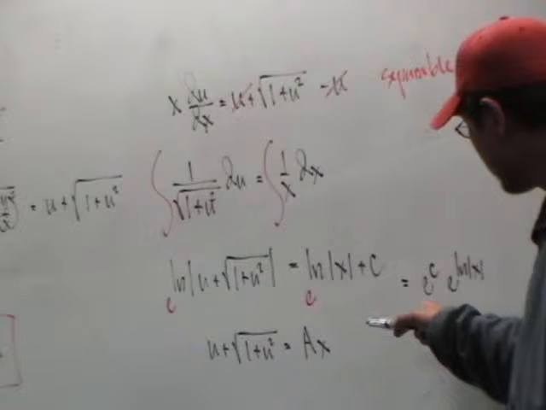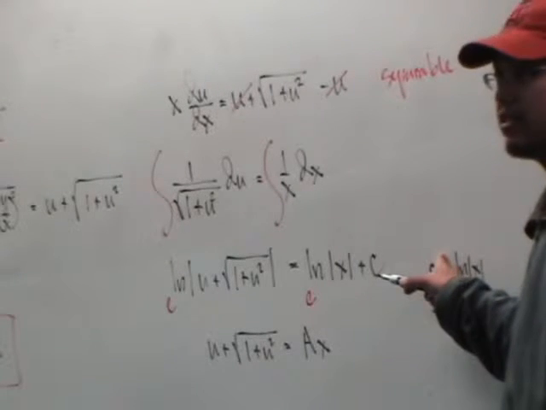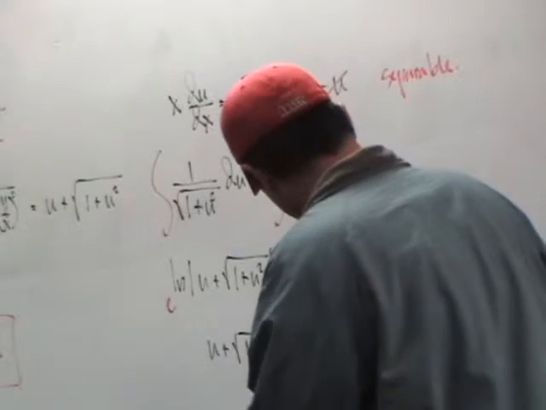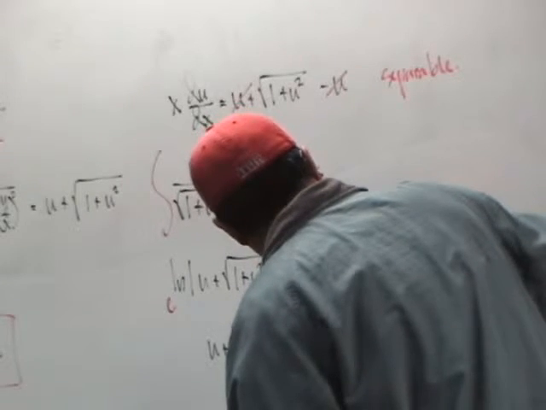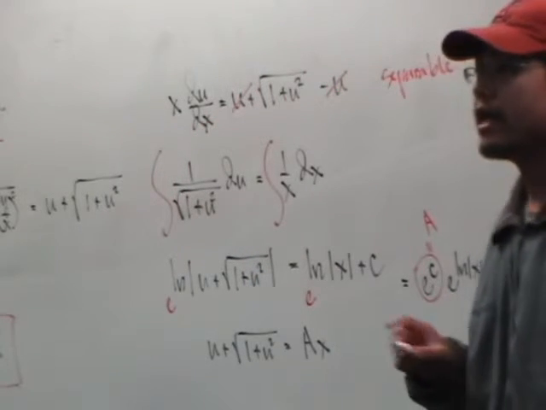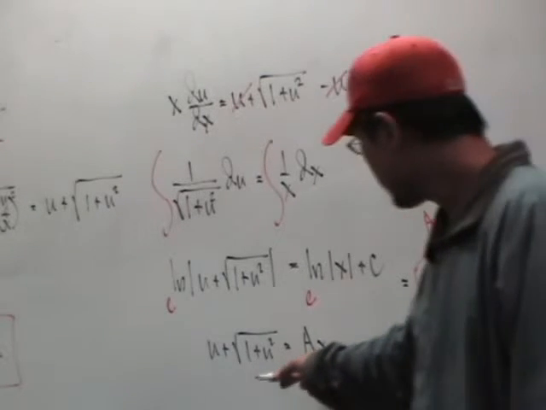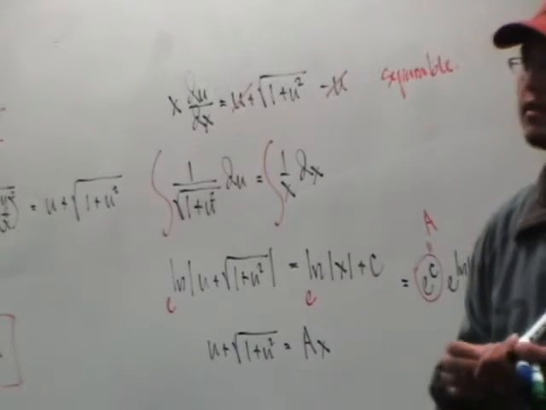Now, e to the c is an unknown constant. So this right here is your a. A times e to the log x, and that's x. And so this a is actually a positive unknown constant. You got it, right?